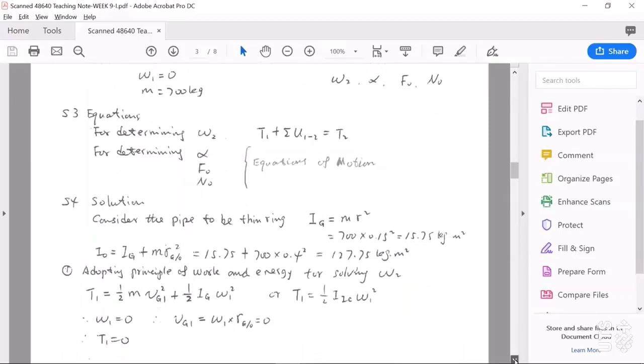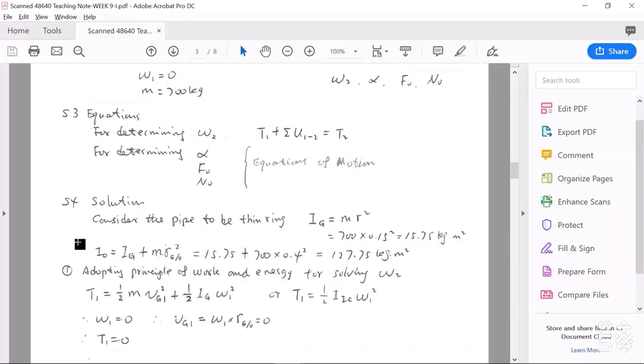Okay, we can consider the pipe to be a thin ring, so its MMI about its mass center point G, which should be the circle center, will be mr squared. And this equation can be found from the equation page for MMI of several rigid bodies.